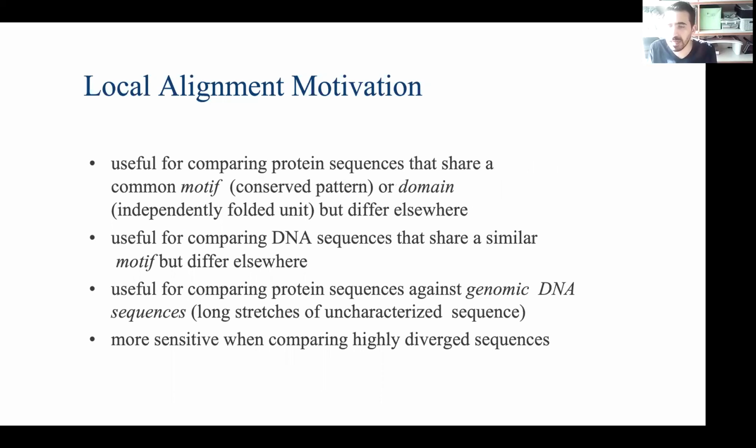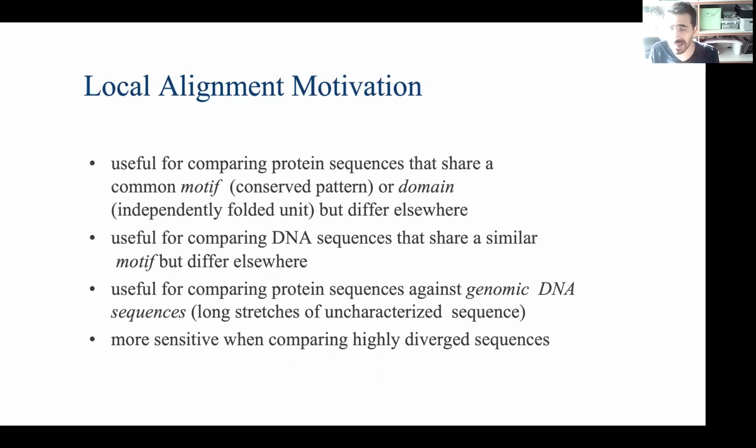You know, protein domains, basically, or DNA motifs, they are not really conserved throughout the protein, right? So they are only parts of the protein that are conserved. And that may be sufficient for protein function or for DNA function. Maybe it's a transcription factor binding site and they are homologous to each other and you would like to identify that homology, right?